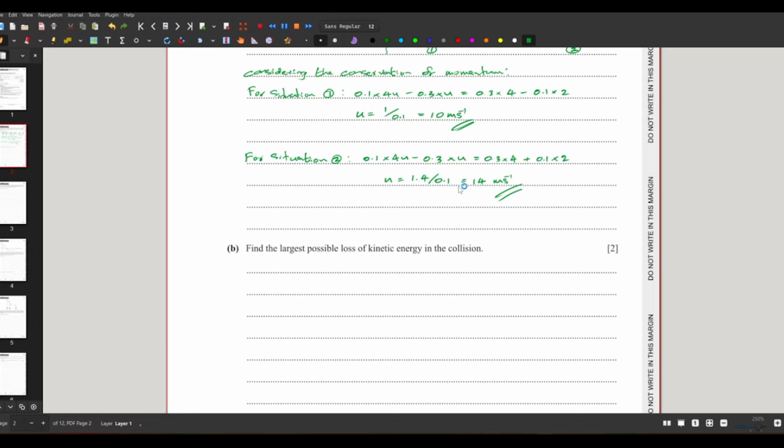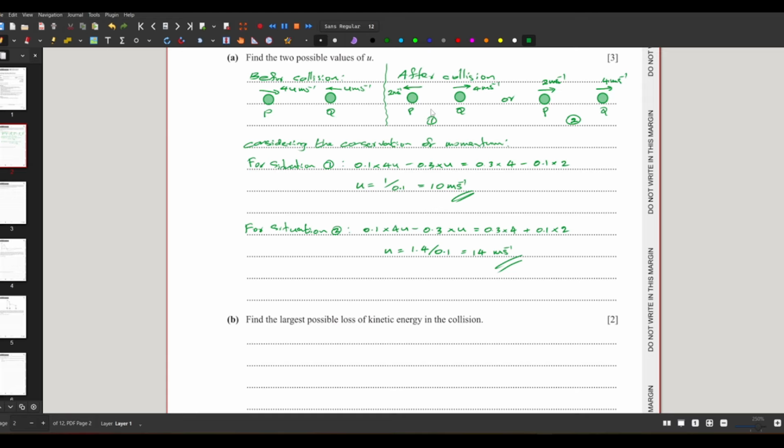If you want to have the largest possible loss, you have it when the difference of the kinetic energy is high. So after collision, as you can see, you know that kinetic energy depends on the mass and the velocity. Mass doesn't change here, so it depends on the velocities.